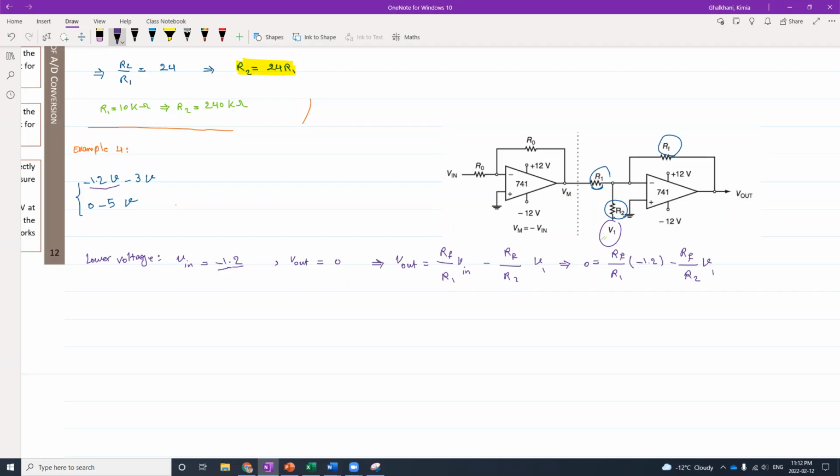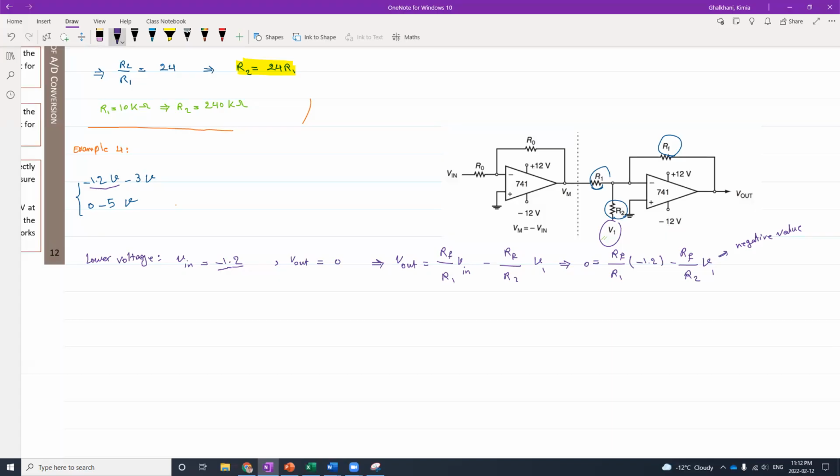Now, from this equation, you can simply say that V1 is going to be a negative number. If you rearrange this equation, this one is going to be a negative value, right? So what can we do then?